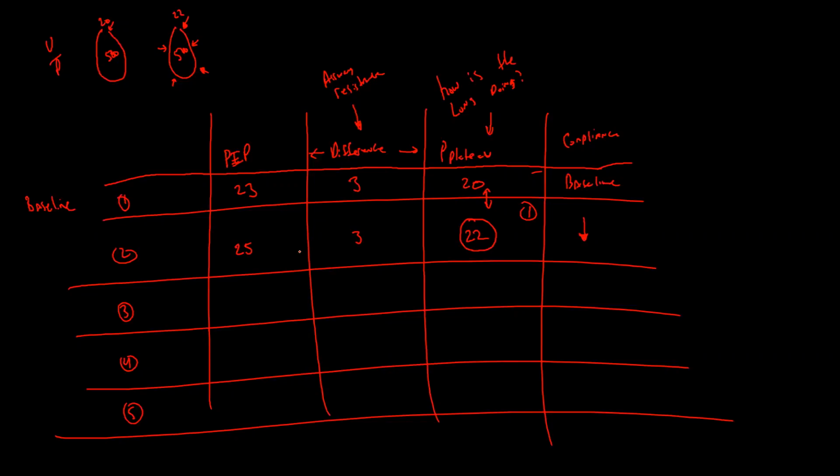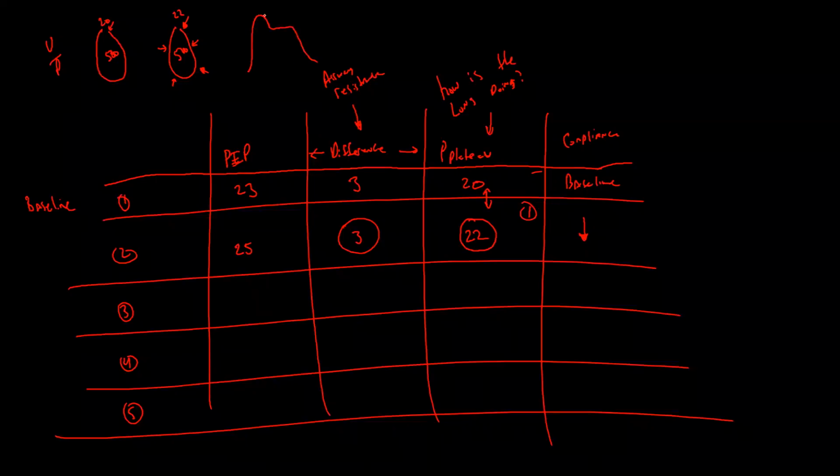Okay, then I look at the peak pressure, but the only reason I'm looking at the peak pressure is because I want to look at the difference between those two, because that difference is airway resistance. If our peak pressure is 25, remember with our breath going in, it goes in like that and then it comes down and then out like that.